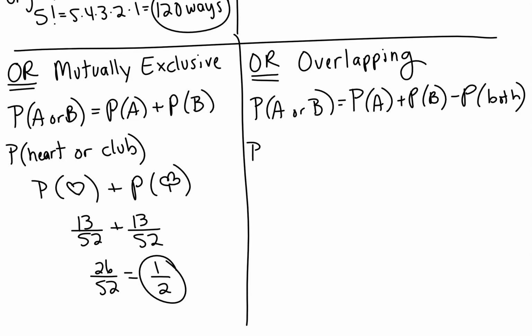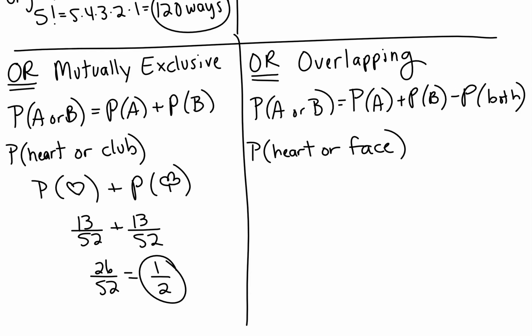For this, we're going to say the probability of a heart or a face card. So the face cards are all of the cards that actually have faces on them. They're named for people. So that would be the jack, the queen, and the king. And each suit has a jack, a queen, and a king.